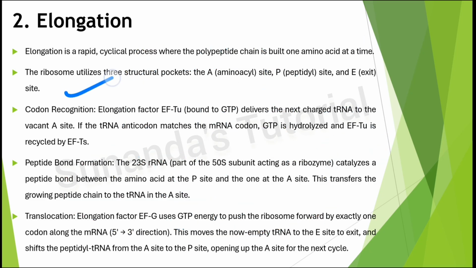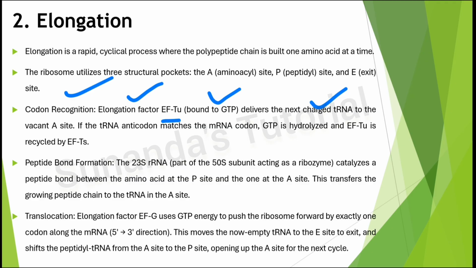Next is codon recognition. Elongation factor EF-Tu bound to GTP, guanosine triphosphate, delivers the next charged tRNA after the fMet tRNA or methionine to the vacant A site.